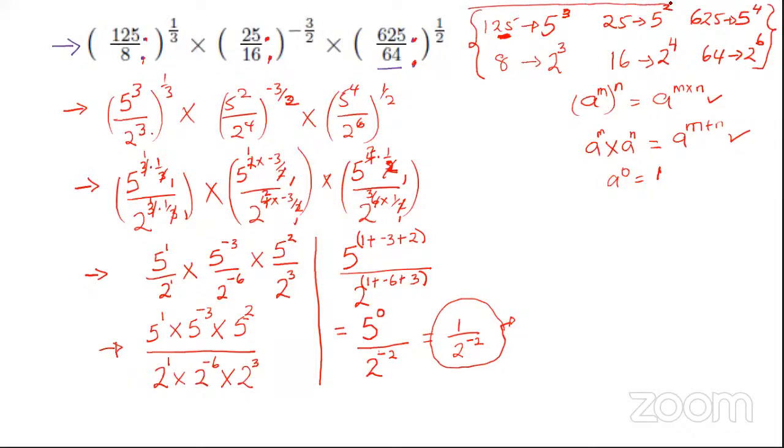Please, I want us to follow keenly on our board here, because when you lose track like this, at the end of it all, we shall keep on dragging. We say the first thing, we have first put these numbers here in terms of powers, and this is what we have done on this other side. We are saying 125 is the same as when you get 5 times 5 times 5, you get 125, which is the same as 5 to the power 3. And this is what we have done on this other side.